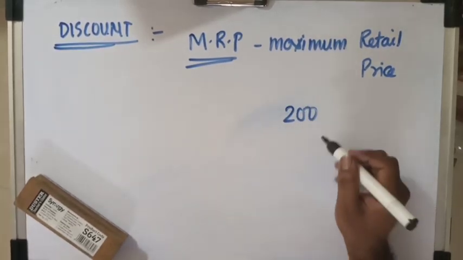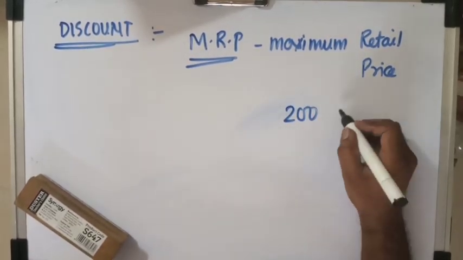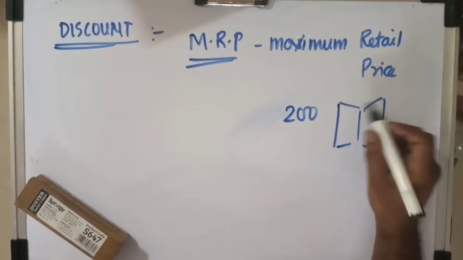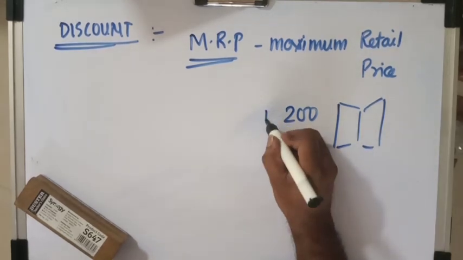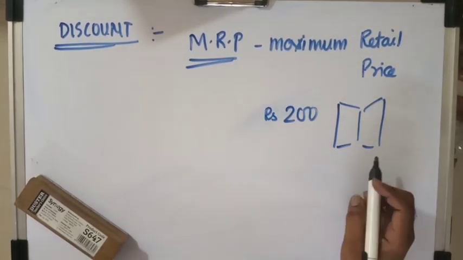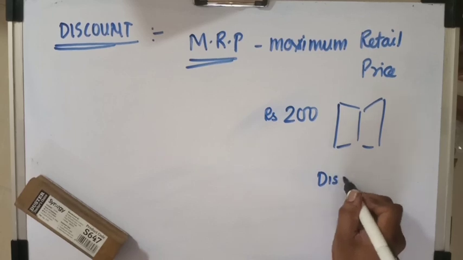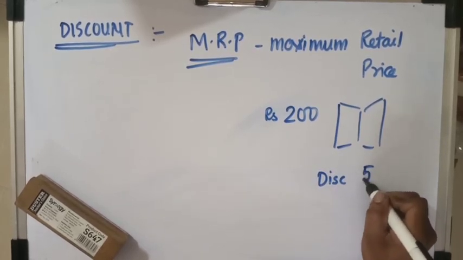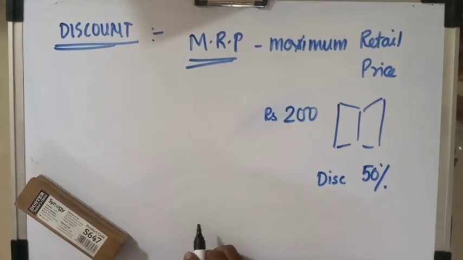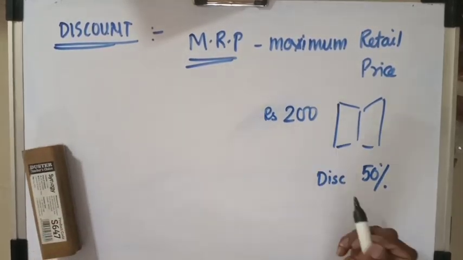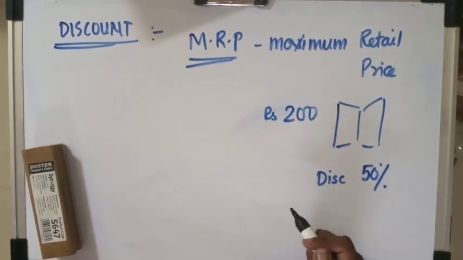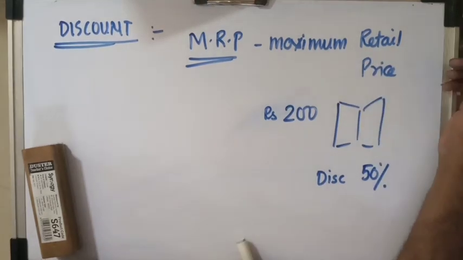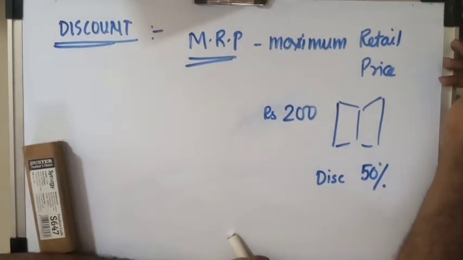Say you're buying a book wherein the cost of the book is say rupees 200, and the shopkeeper gives you a discount. The discount display on the board is say 50% discount. Okay, 50% means half of the actual price. So you can directly know, yes, 50% discount means you're gonna get that book for rupees 100.